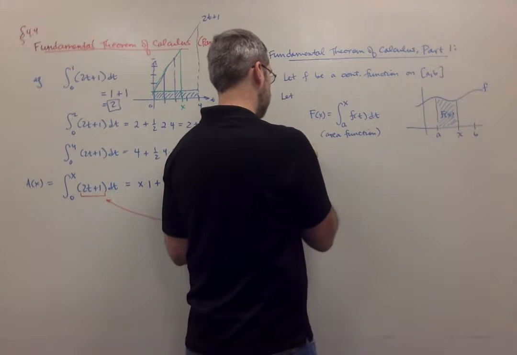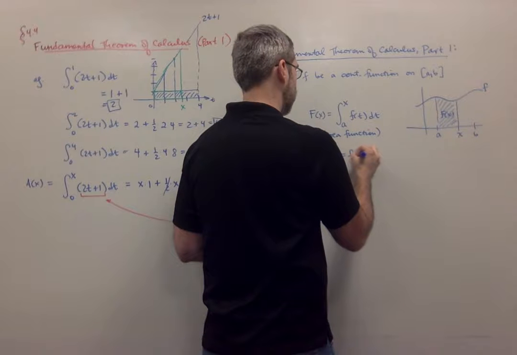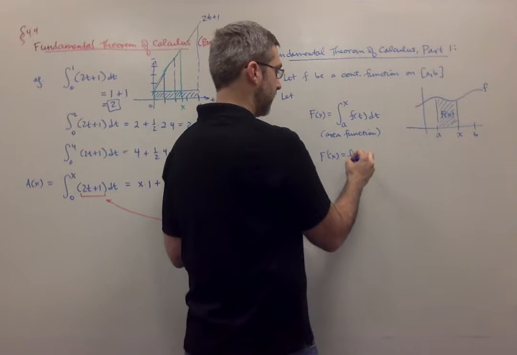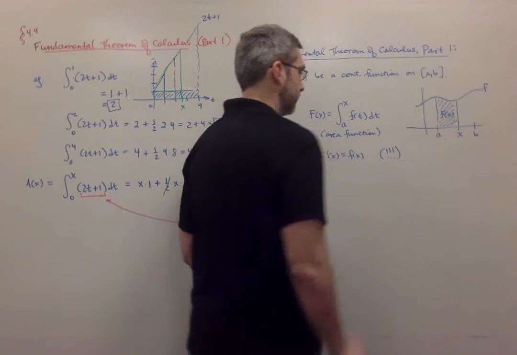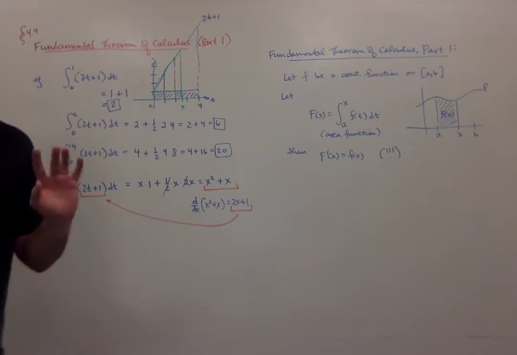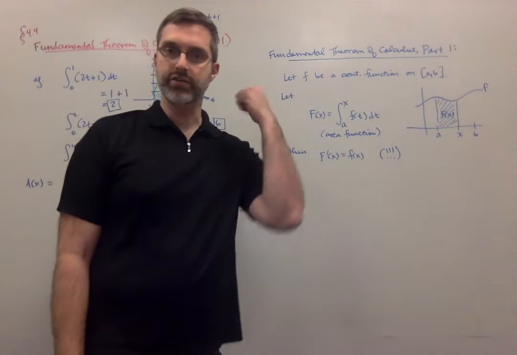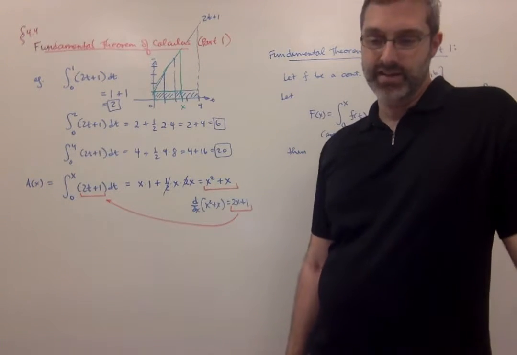Then the derivative of the area function is the original function with x plugged in. If I take an area function and I differentiate it, I get the original function back. That should be very, very surprising.